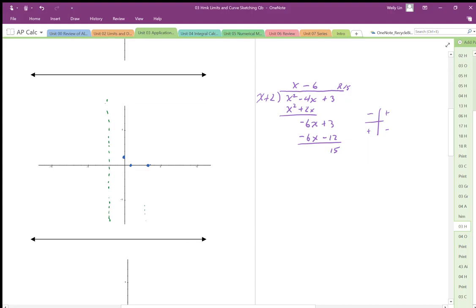So I'm going to draw in my graph here. Okay, so I'm just going to draw my negative 6, somewhere around here, and it's got a slope of 1, so it's going to look something like this.